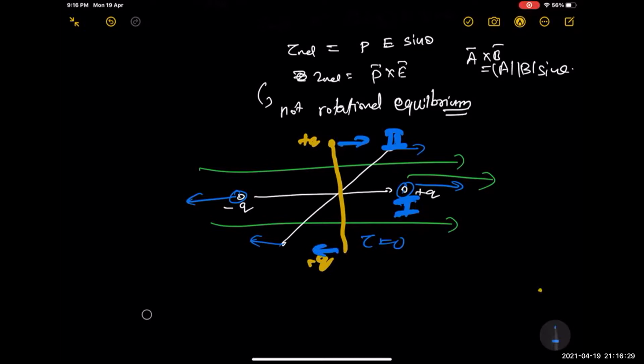Understood? So which configuration out of 1, 2, 3 is rotational equilibrium achieved for a dipole? 1. Right. And where is it rotationally maximum unstable? 3. Acha, in which position 1, 2 or 3 is translational equilibrium achieved?